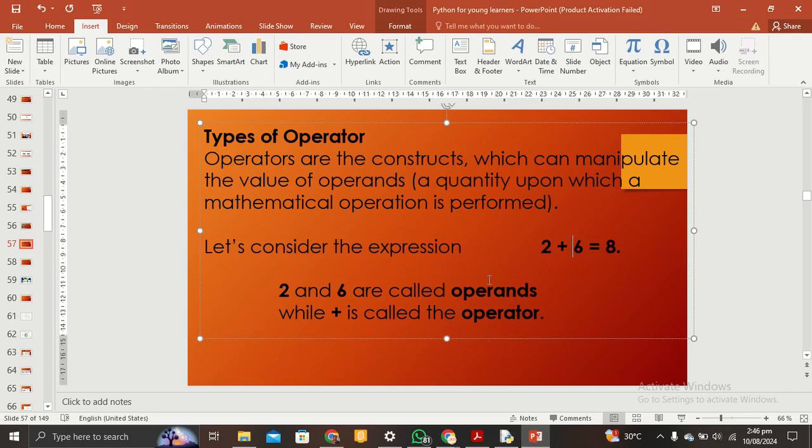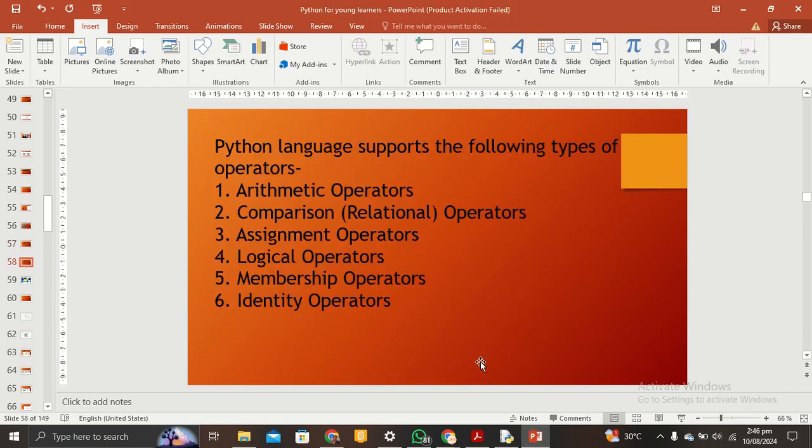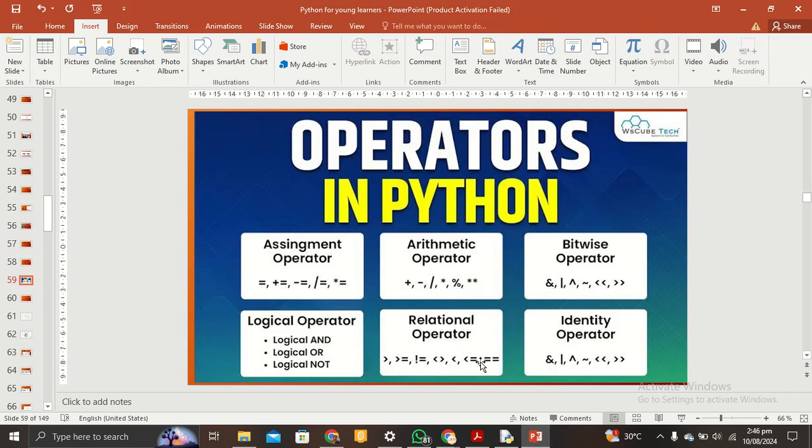So we are done with operator and operand. What are the types of operators we have in Python? I want you to take note of the important ones I will tell you. Because of your age, we will not use everything.